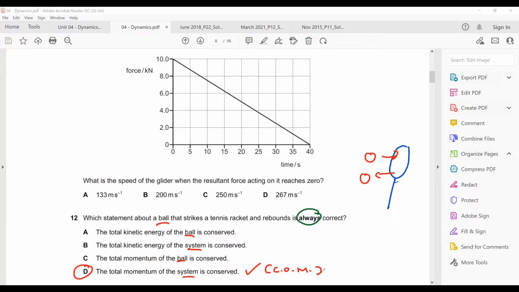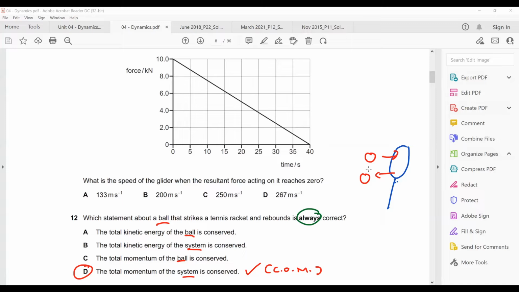But recall also that I mentioned that this only holds for the system. If you're talking about the components inside the system, the momentum is not conserved. It can change. So right now, let's go through ABC.